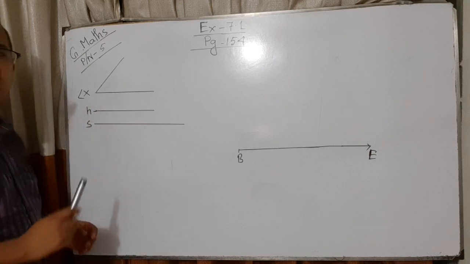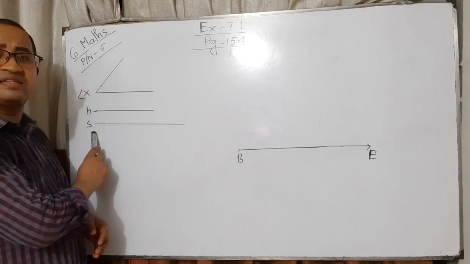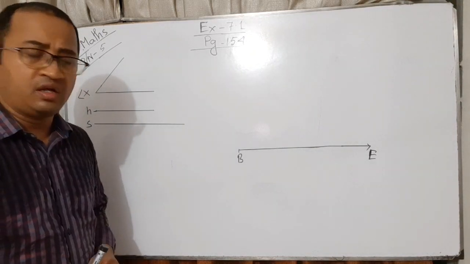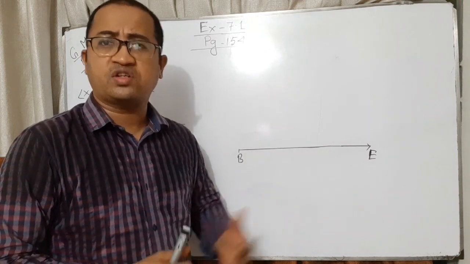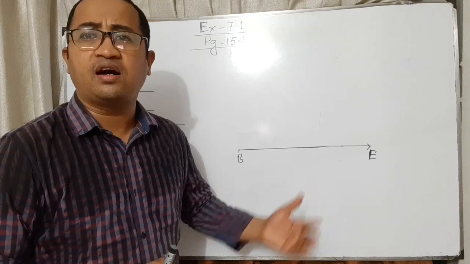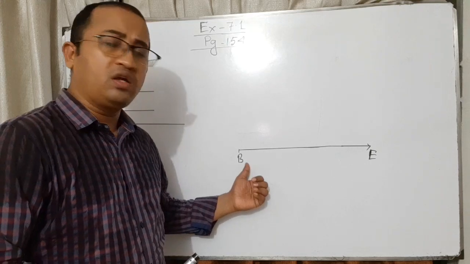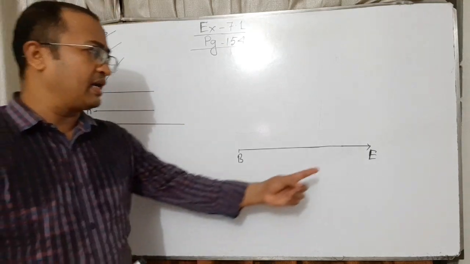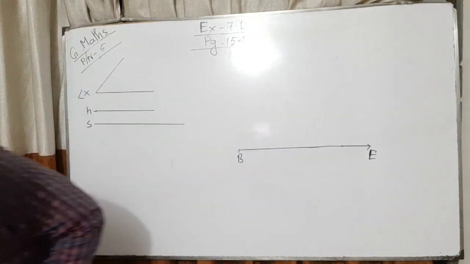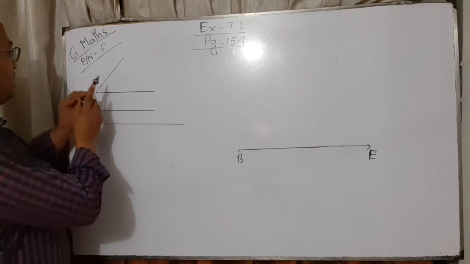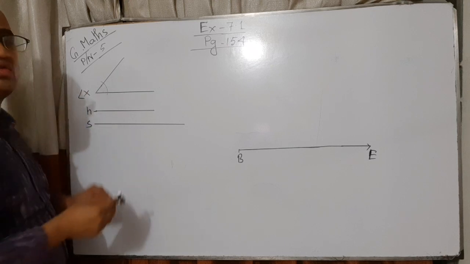Say X is the base adjacent angle, H is the height and S is the sum of the other two sides. Now we take any ray BE. When I ask you to construct any figure, at first you take a ray. We take a ray BE. At the point B of the ray BE, we draw an angle EBF equal to angle X. You know how to draw an angle equal to an angle.